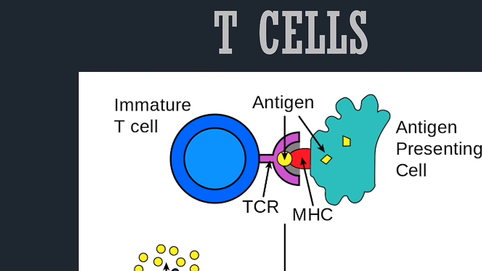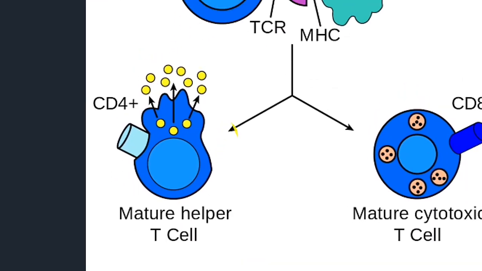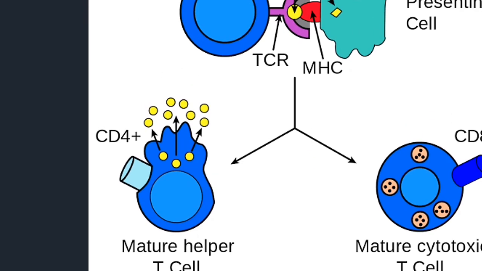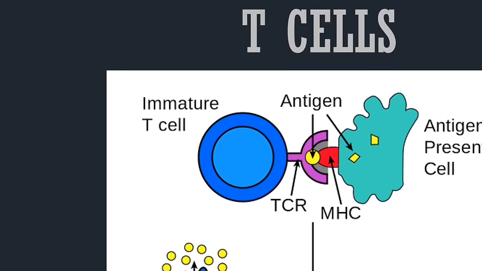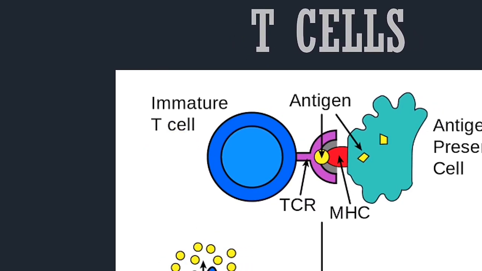So it's a T cell that's looking for these abnormal antigen presentations, and rather than a white flag, it's better to say it's kind of like a red flag. So this is the immature T cells.